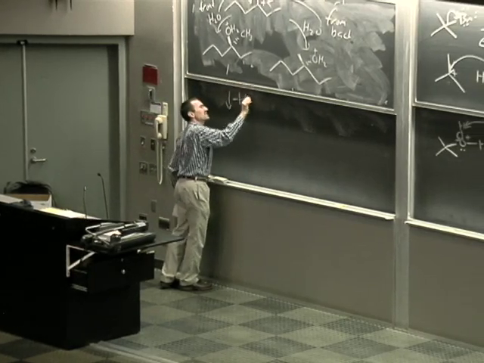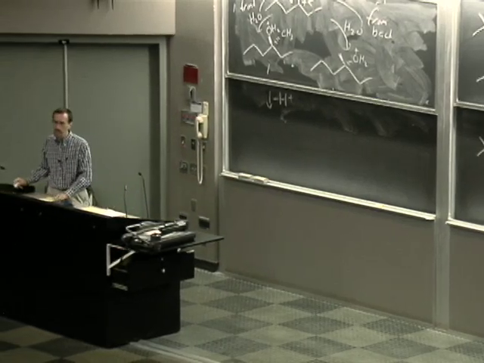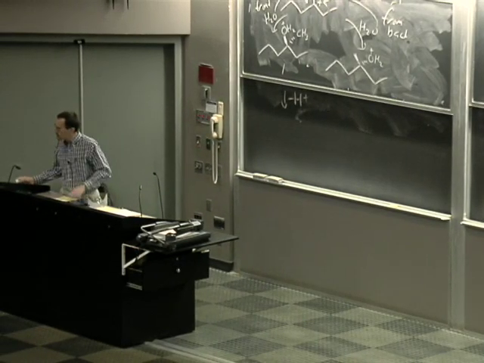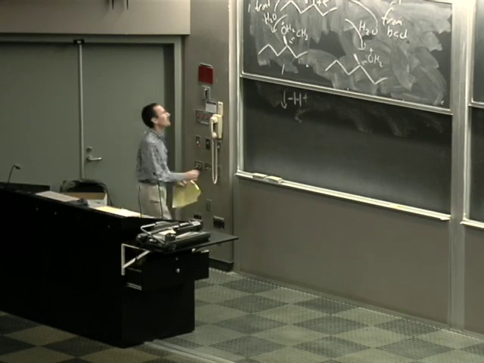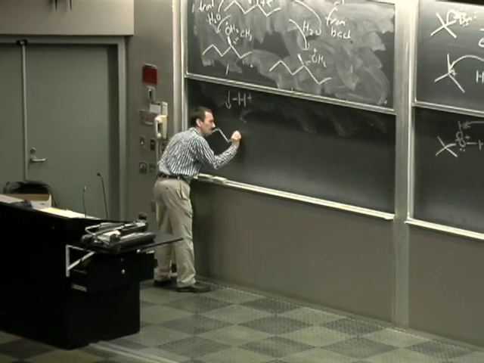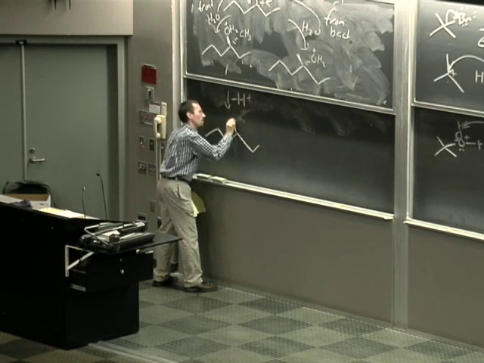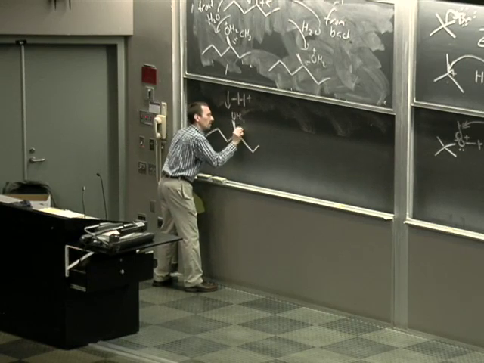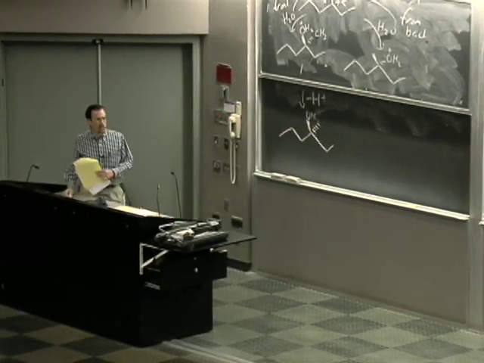I'll say minus H plus, which is a shorthand that I'll often use in writing less detailed mechanisms to imply that a Lewis base, like water, has taken off the proton. So minus H plus takes us to the alcohol with the OH pointing out of the blackboard.